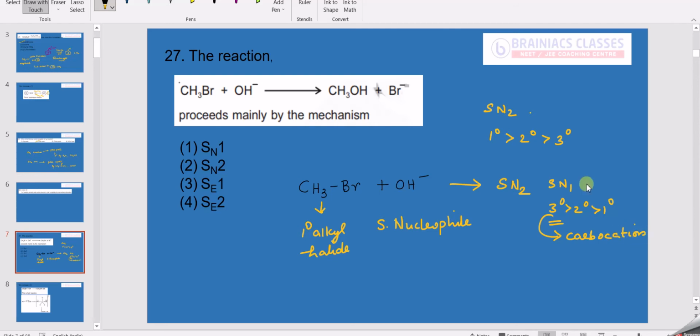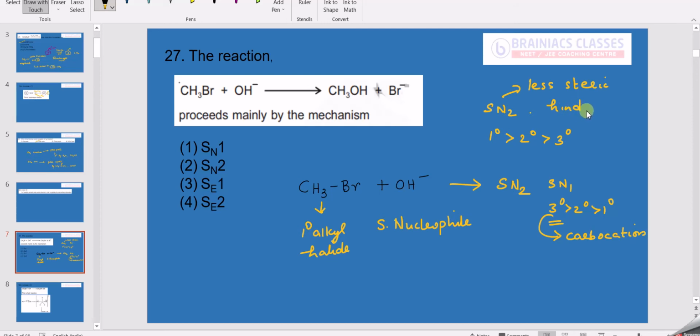And in SN2, less steric hindrance is where the SN2 will happen very easily. So less steric hindrance is a very important factor. We know that a 1 degree alkyl halide has very less steric hindrance. So we say less steric hindrance is the major factor which governs SN2.